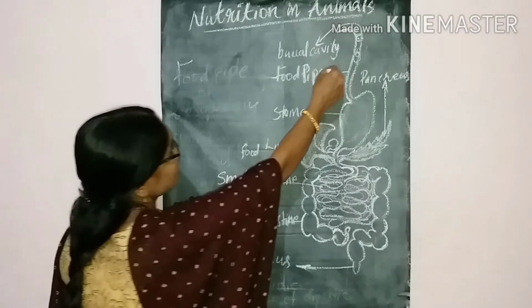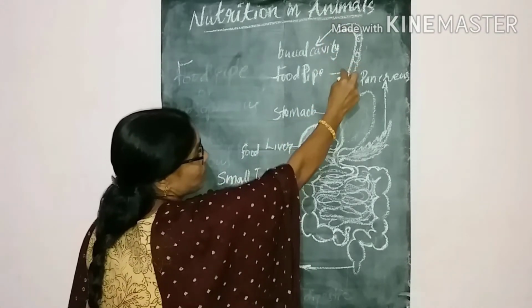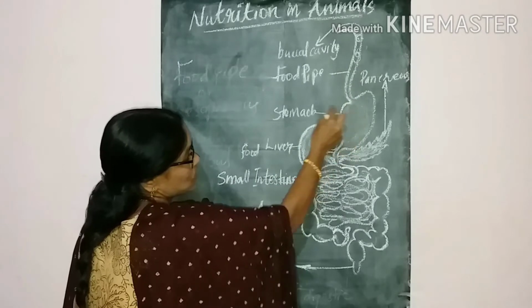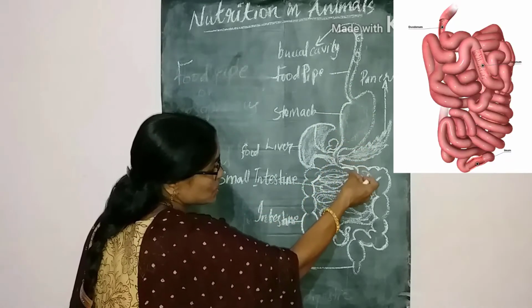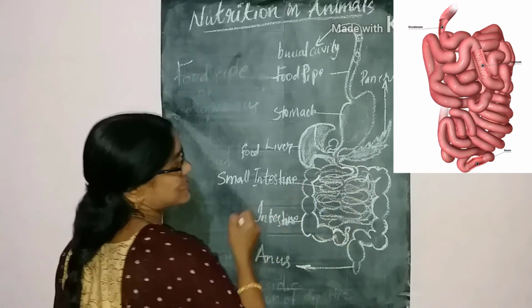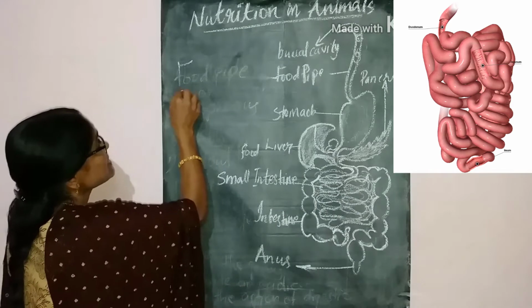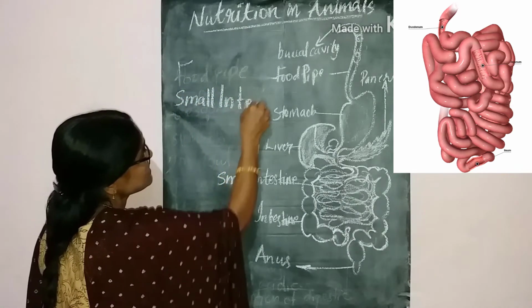The third part: after the buccal cavity, then the food pipe, then the food coming to the stomach. From the stomach, the food is pushed to a long, narrow, coil-like structure called the small intestine.